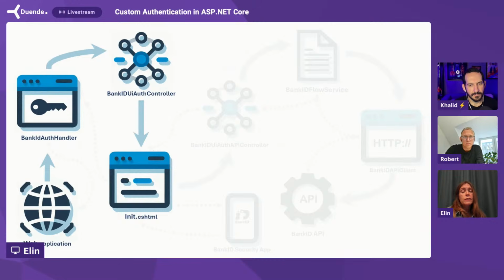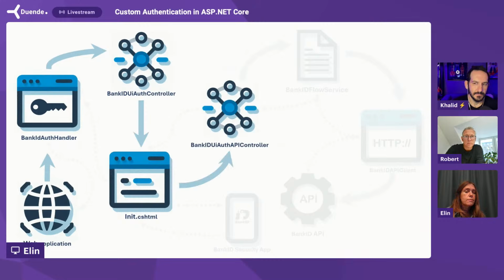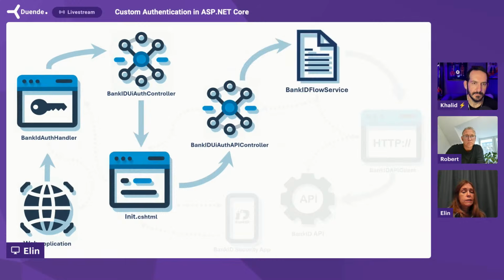So the first thing that happens when we get to this point is that the view will make an HTTP call to an API controller inside Active Login. And this API controller more or less just makes another call to a service inside Active Login that contains most of the logic. And that one is called BankID Flow Service.